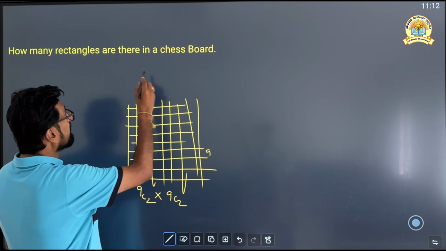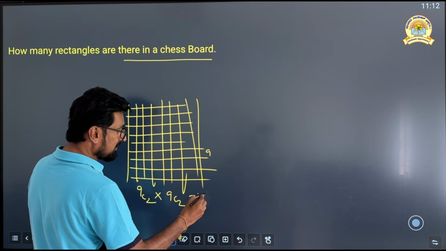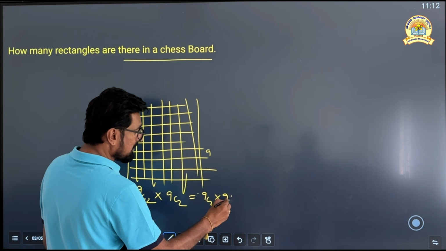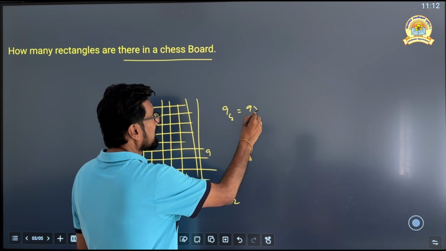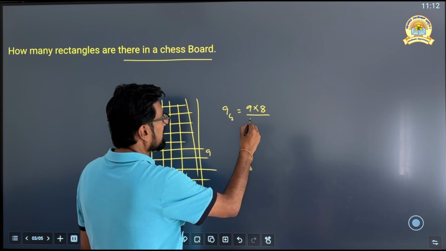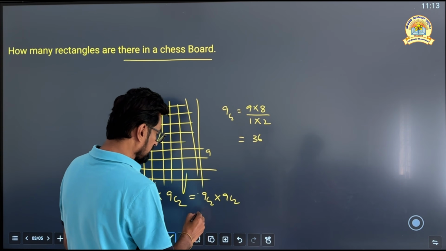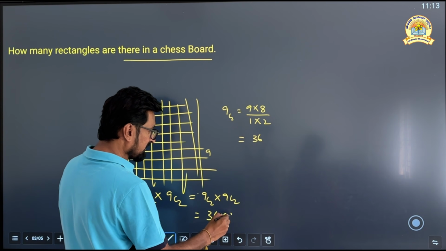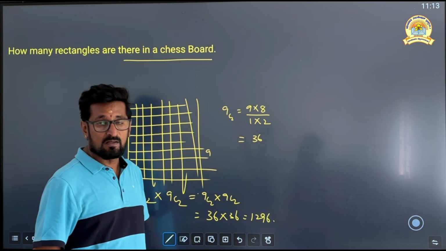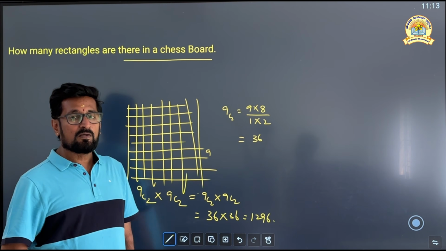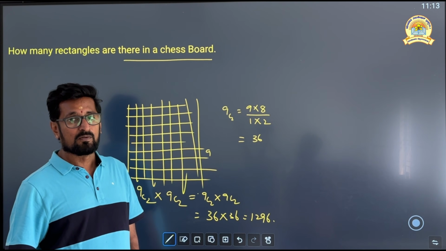So the number of rectangles in a chessboard is given by 9C2 into 9C2. I hope you know how to find the 9C2 value: 9 into 8 by 1 into 2, the value is 36. So 36 into 36 is equal to 1296. So there will be 1296 rectangles in one chessboard. Thank you.